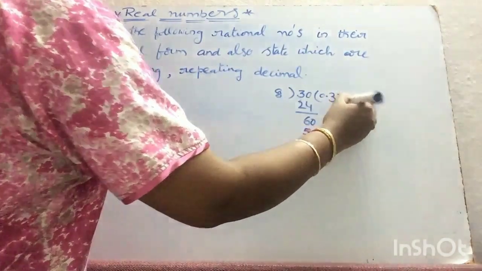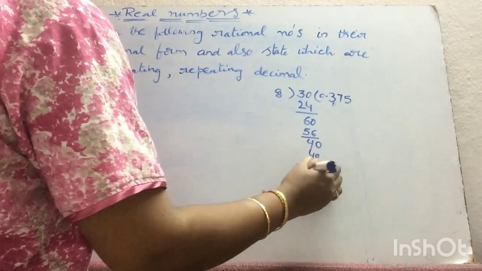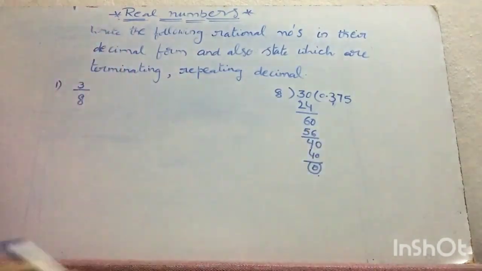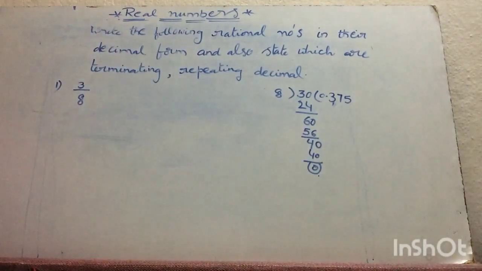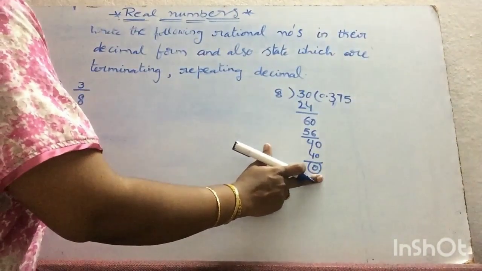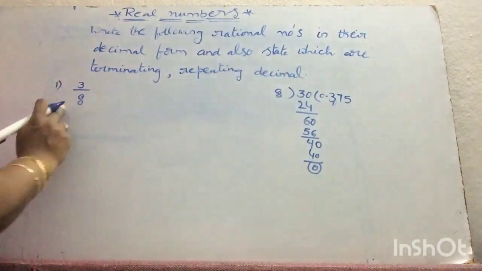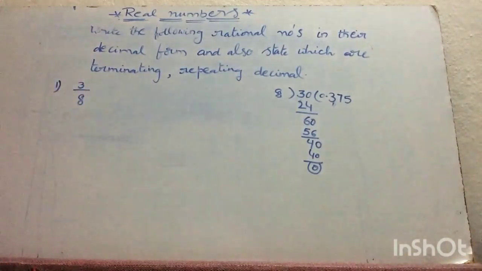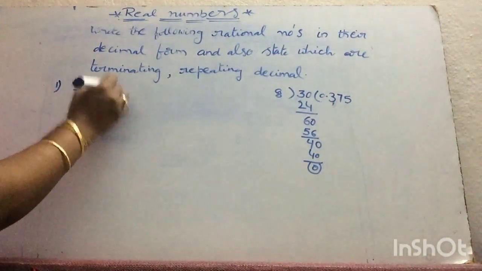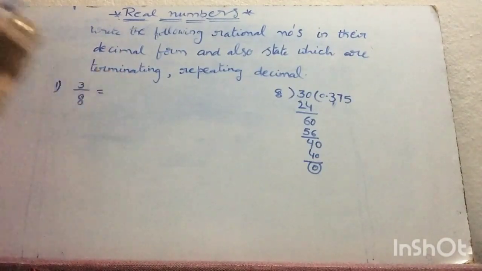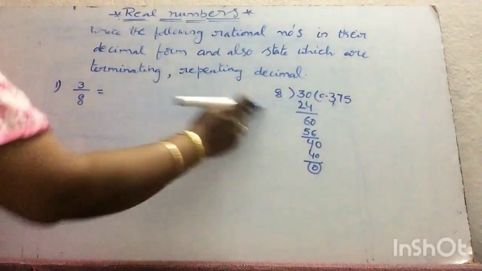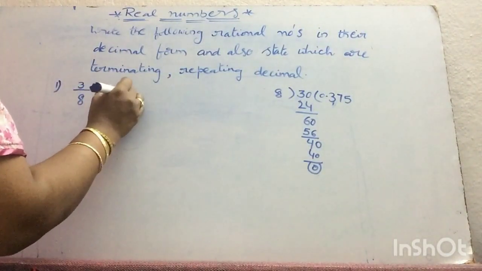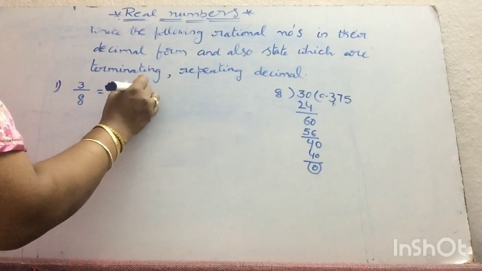Then 8 5s are 40. Here the remainder is 0. So when the remainder is 0, that rational number is a terminating number.